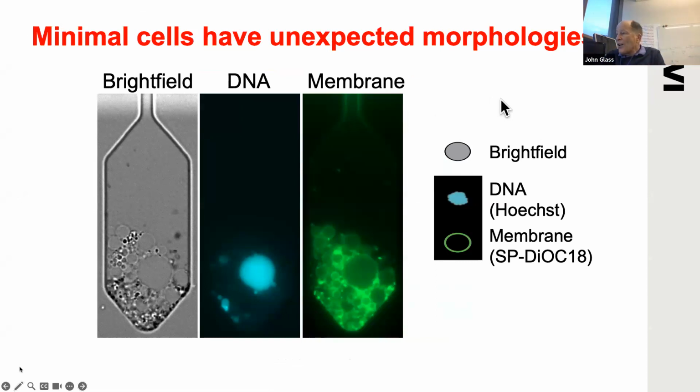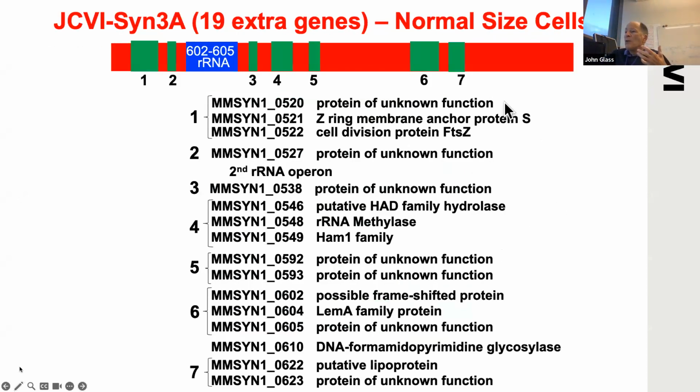Now, we realized also that we had a minimal mutant that was built in the process of constructing the JCVI Syn3.0 that had an additional 19 genes. And in the microscope, this made normal-looking cells. And so we thought we would look at those 19 genes to see if it might teach us why the cells grew so aberrantly.